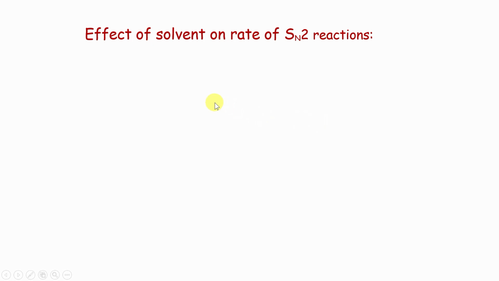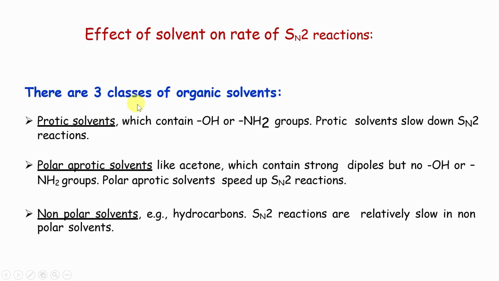Okay. Now let us discuss the effect of solvent on the rate of SN2 reaction. You know, there are three types of organic solvents: the protic solvent, polar aprotic solvent, and non-polar solvent. Protic solvent usually contains OH or NH2 groups. Usually protic solvents slow down SN2 reactions.